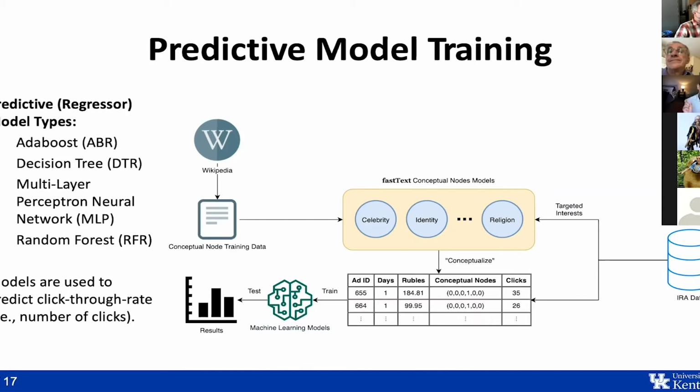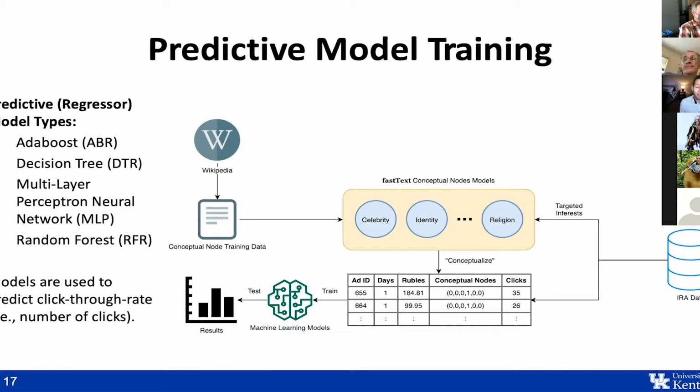Then for each of the linked articles on that original root celebrity Wikipedia page, we would go to that linked page, scrape all of the text, and repeat until our depth parameter reaches the base case and it stops recursively going into the linked articles. We do that for each of these conceptual nodes. We create this data set and we train a fastText model for each of them. Then for all of the targeted interests in the IRA data, we map them into one of these conceptual nodes.